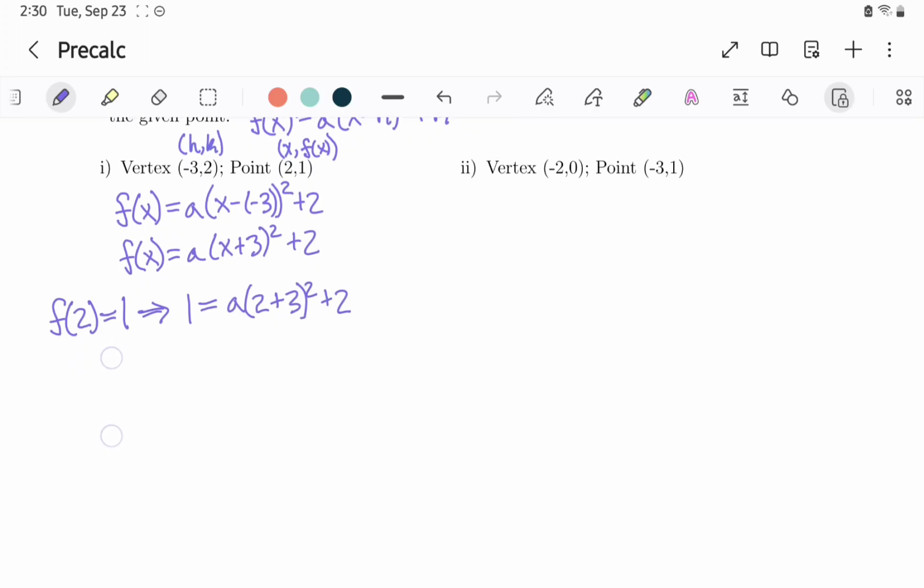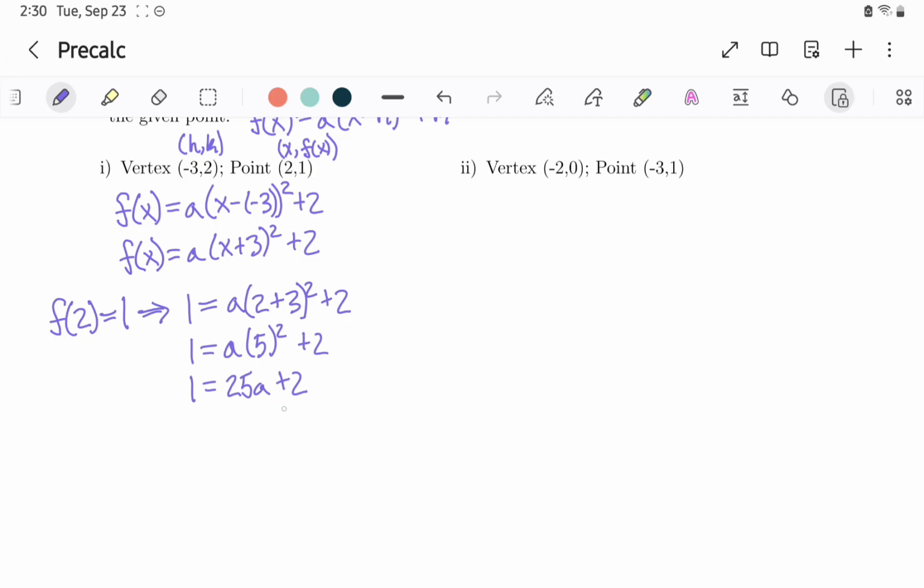All right, so now we have an equation that we can use to solve for a. Let's start by simplifying on the right. We have 1 equals a, and then 2 plus 3 is 5, so a times 5 squared plus 2. 1 equals a times 25, or 25a plus 2.